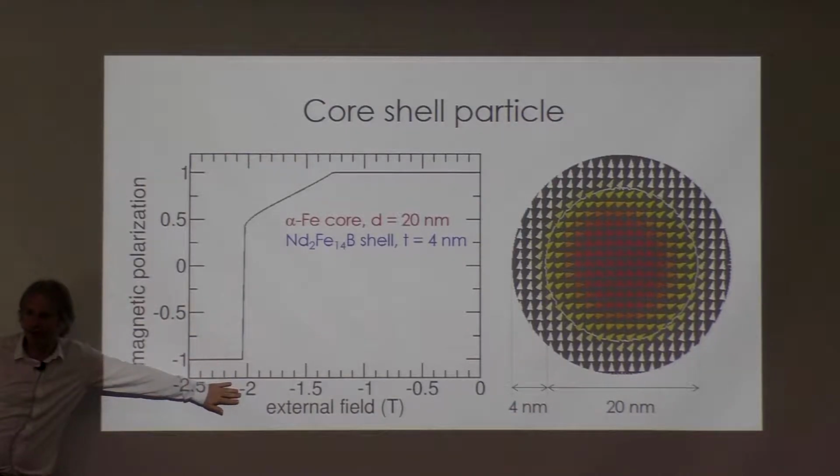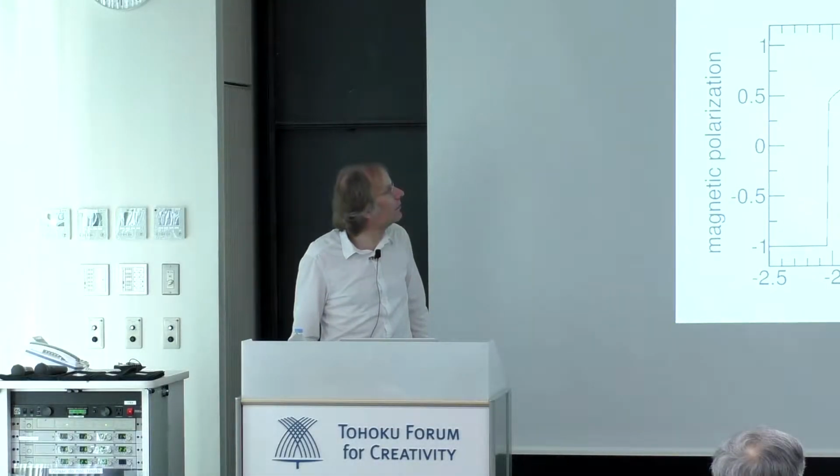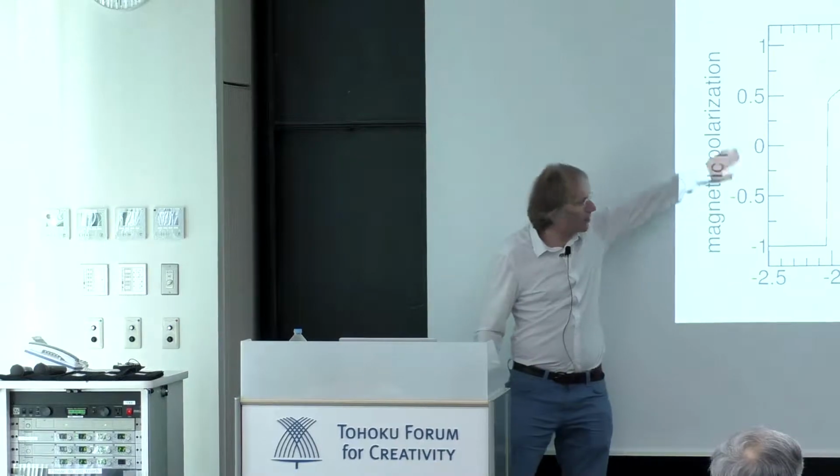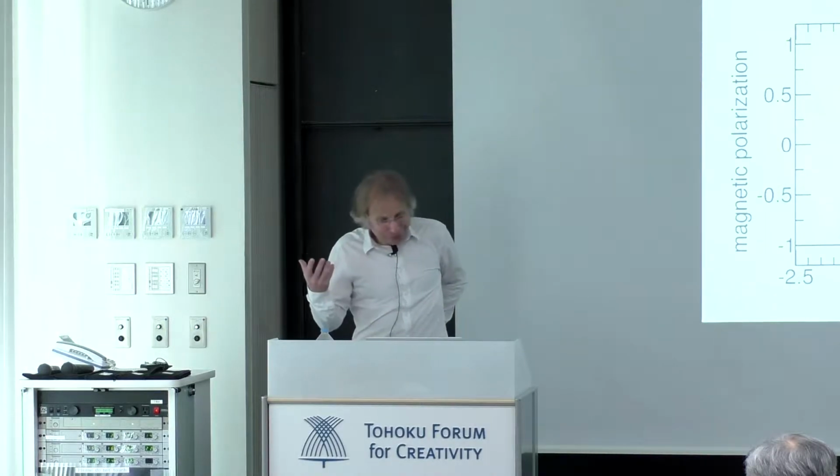So we have a coercivity of 2 Tesla, and a high magnetization. This here is a normalized magnetization, so don't be worried, it's more than 1 Tesla.